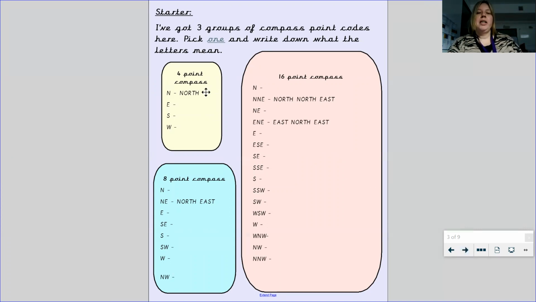So if we were working on the 4-point compass, we would write N equals north. What would I write for E? For E, I would write east. What would I write for S? For S, I would write south.